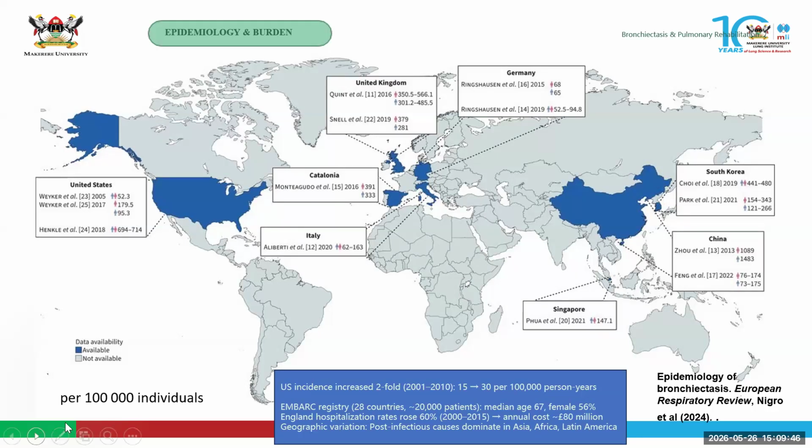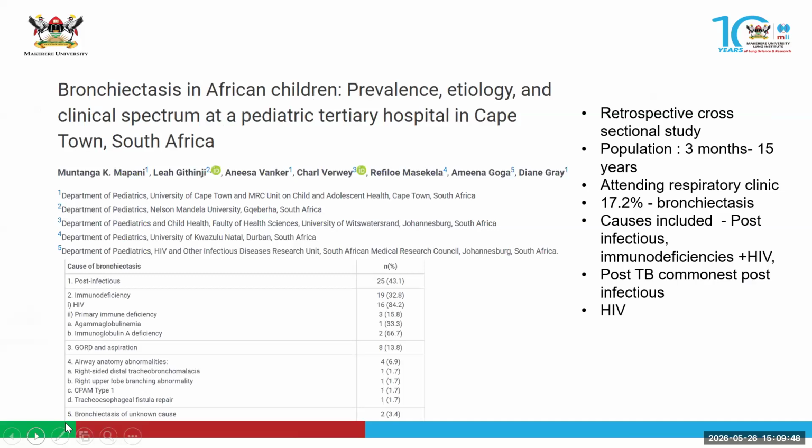Locally, some studies have been done, and I will point out one done in Cape Town, looking at how many people attending the respiratory clinic actually have bronchiectasis, meaning dilatation of the airways.